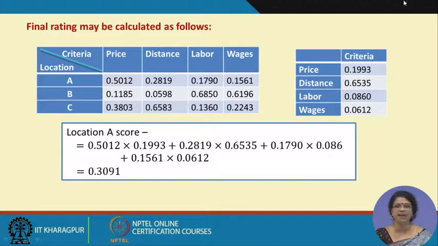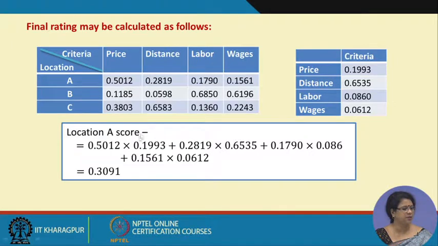Now, after that we make the score of each location. How will we make the score? That is very simple. We take this into the criteria weight with respect to location A, plus the next one, 0.1790 into 0.0860, 0.1561 into this one.